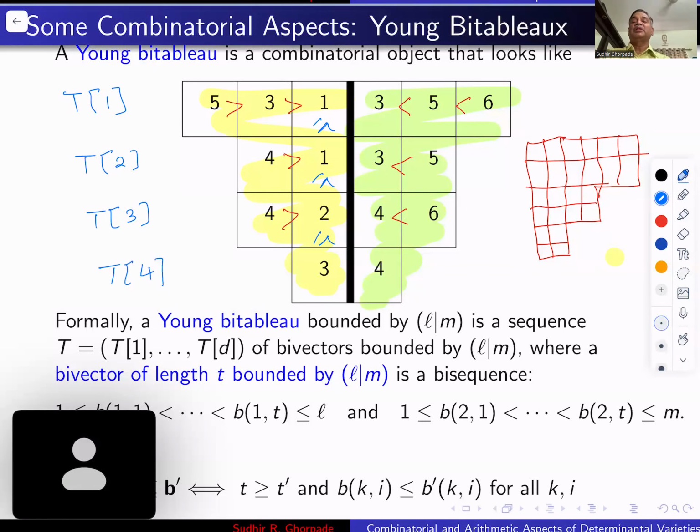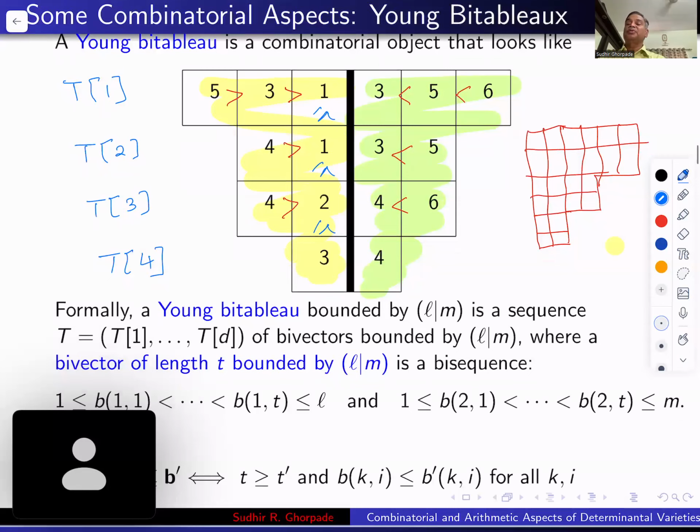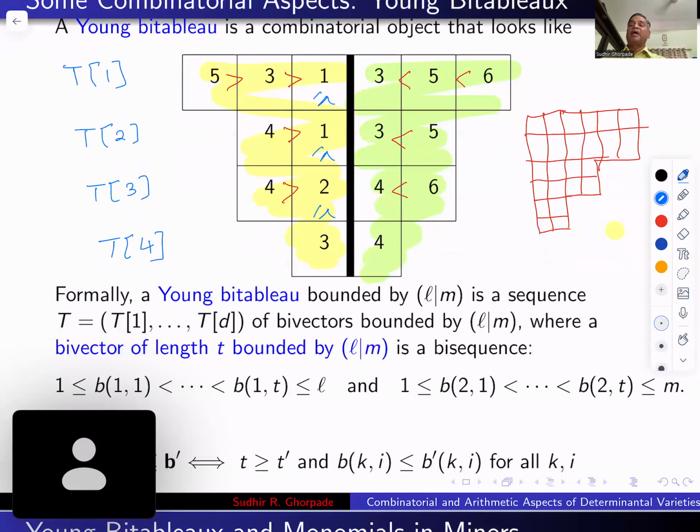In this example, I have 4 rows, and each bivector is like a bisequence where you have one side, and I will talk about a bivector bounded by L comma M. So entries on one side are positive integers strictly increasing between 1 and L, and entries on the other side are also positive integers strictly increasing between 1 and M.